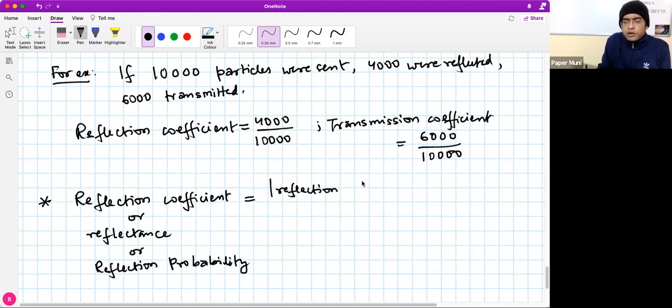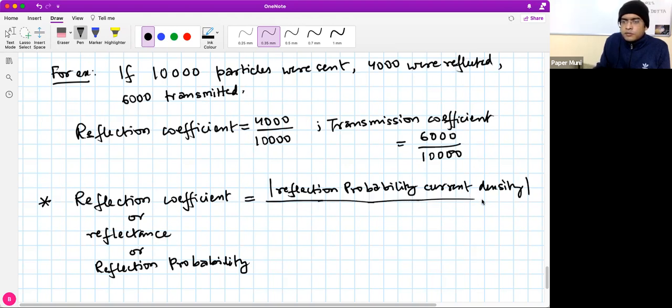It is defined as the mod of reflection probability current density, divided by the incident probability current density.